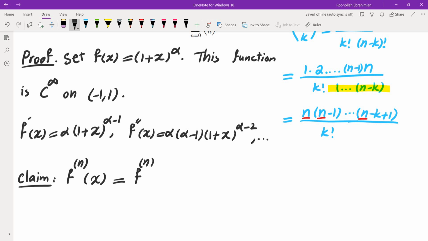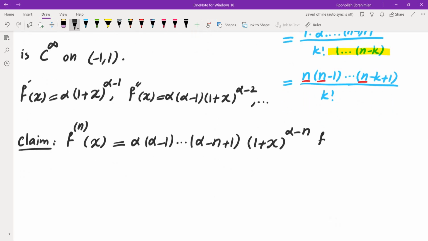That is f^(n) of x equals alpha times alpha minus 1, and you have to go n numbers down, so it's alpha minus n plus 1, and then (1 plus x) to the power of alpha minus n, for all n greater than or equal to 0.